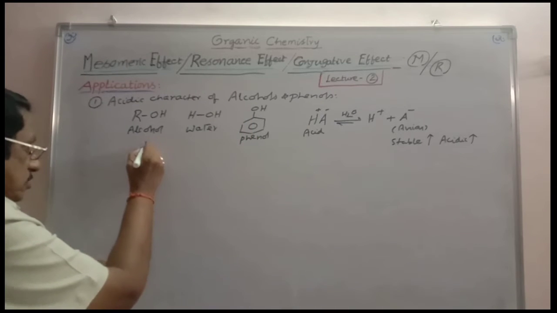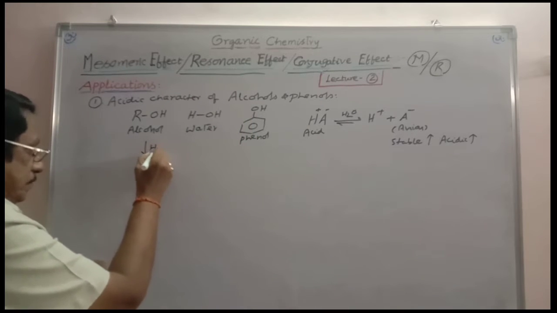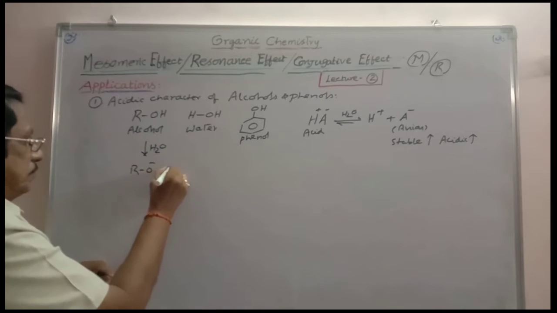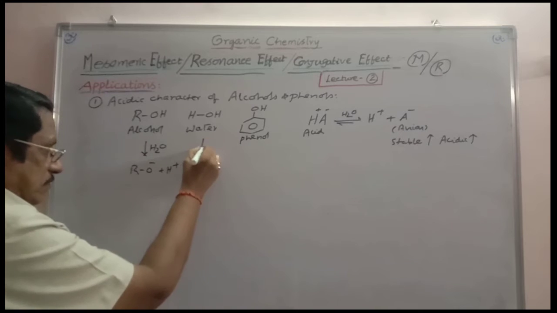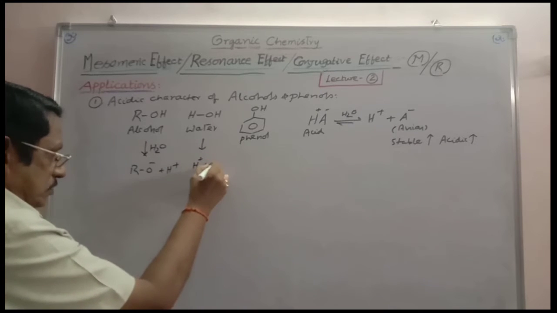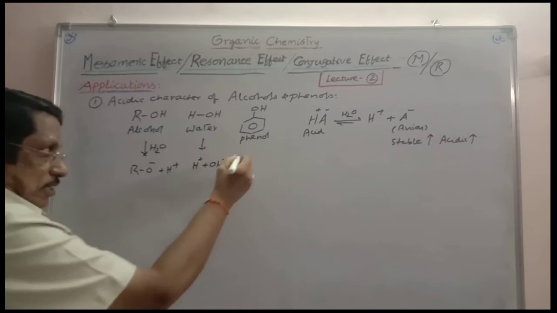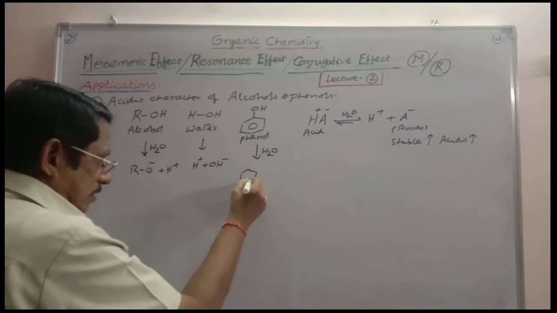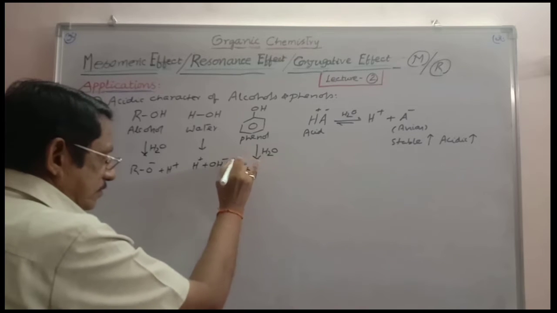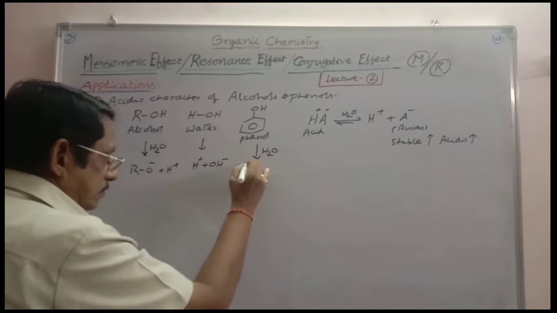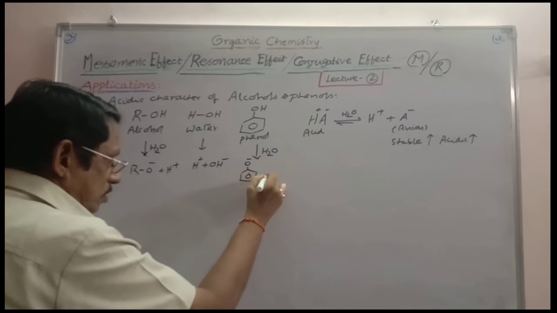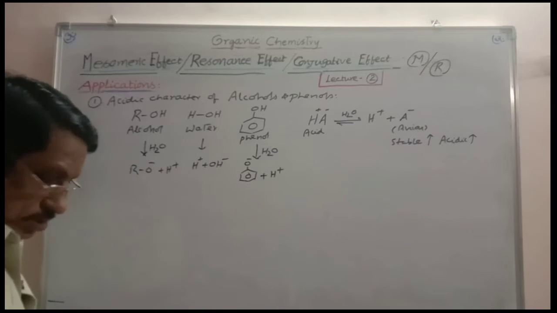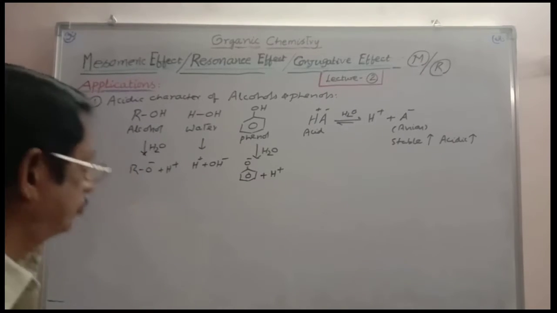When alcohol is dissolved in water, it will give you RO minus plus H plus. Similarly, in the case of water, it ionizes into H plus plus OH minus ions. When phenol is dissolved in water, you can see that phenoxide ion is obtained, plus water plus H plus. In this way you can consider the dissociations of these acids.